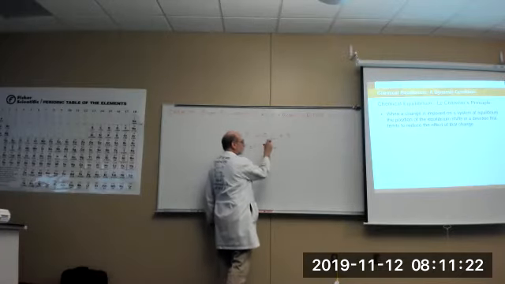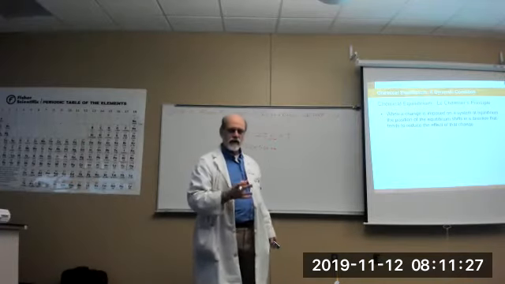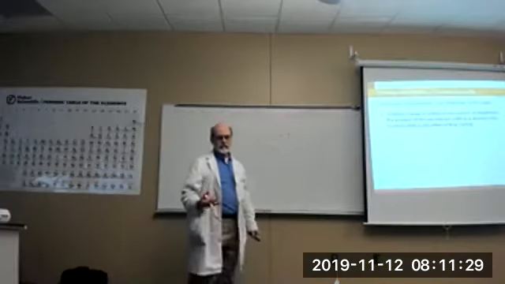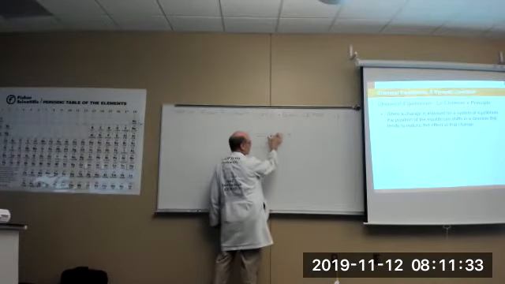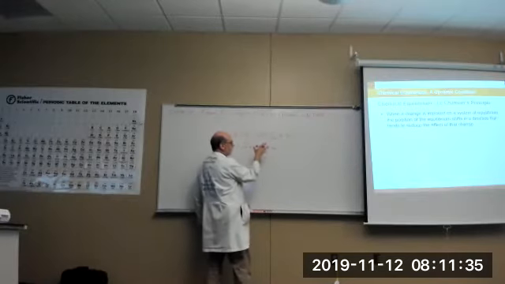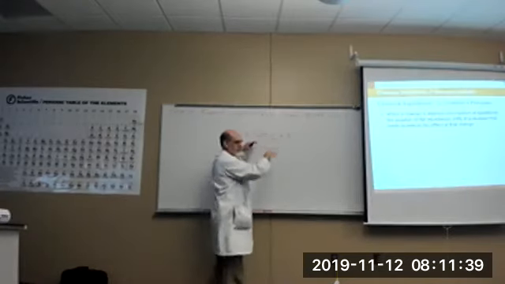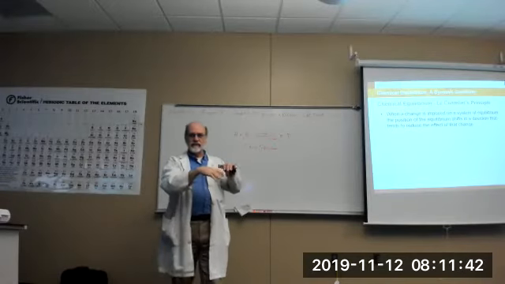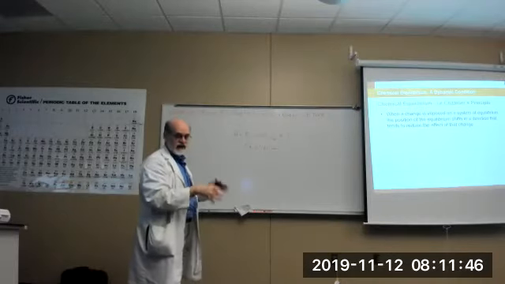When you disturb an equilibrium, the equilibrium is going to respond in such a way to reestablish the equilibrium. So if you increase the amount of something on this side, the equilibrium is going to shift to that side until it reestablishes a balance, until the equilibrium is reestablished. That is Le Chatelier's principle.